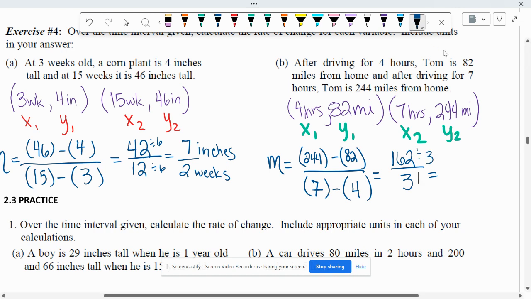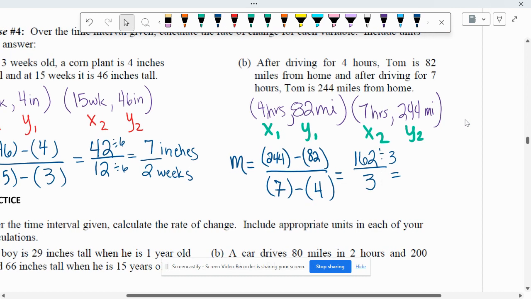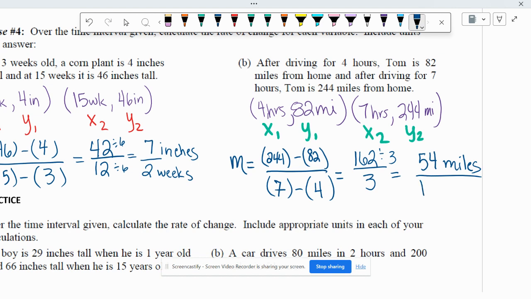Yeah, I can. I can divide by 3. 162 divided by 3 is 54. So 54 miles in 1 hour. Again, when I gave you guys your filled out notes yesterday, this was part of the packet. This was in there. Okay.